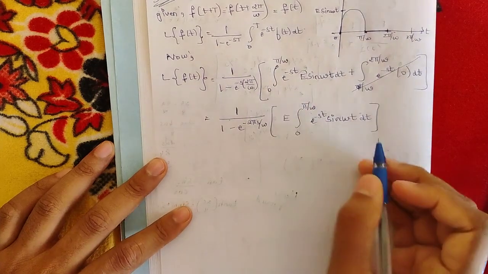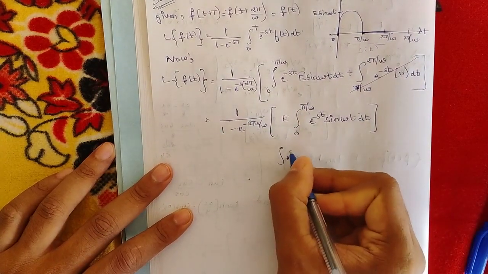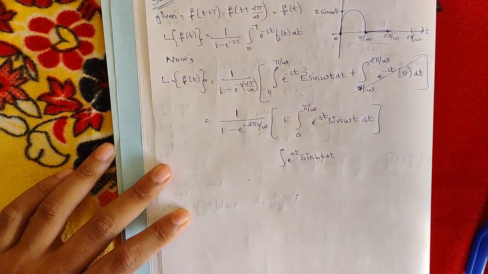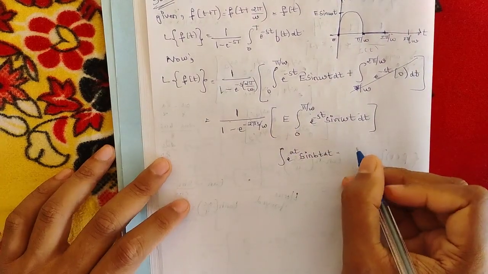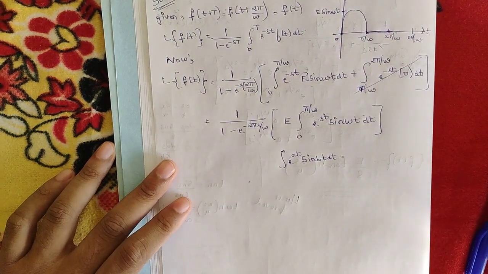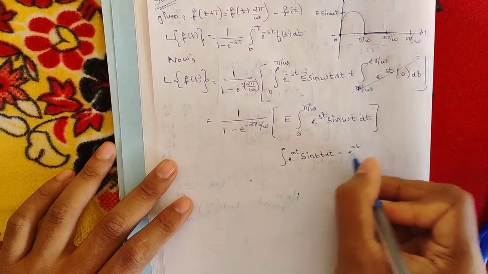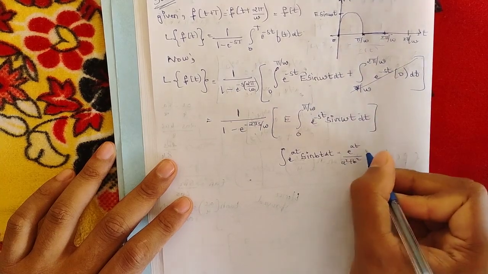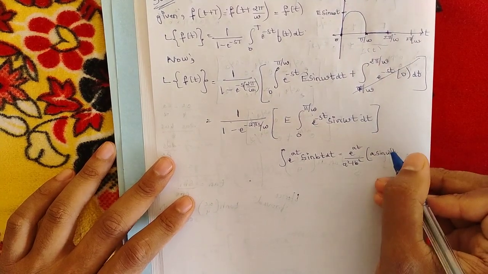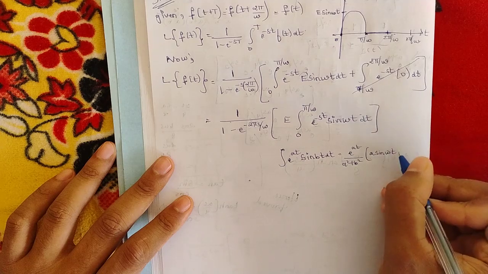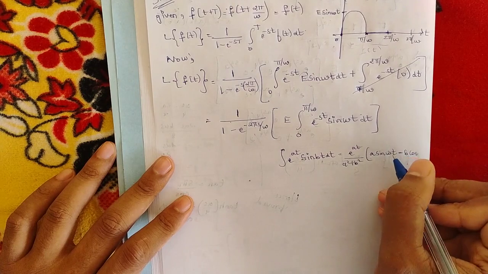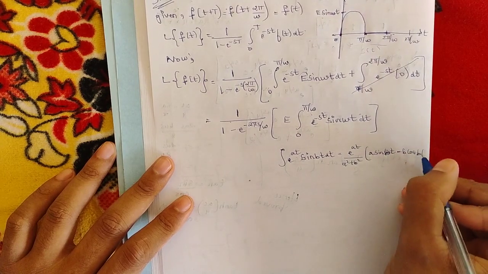If you observe, this integral is of the form integration of e to the power at sine bt dt. For this we have one formula: e to the power at divided by a square plus b square, into a sine bt minus b cos bt.